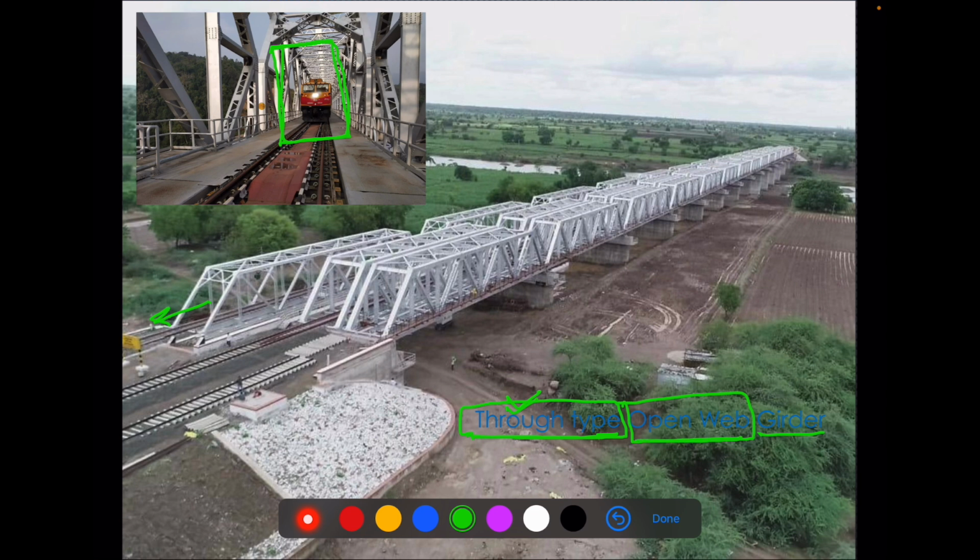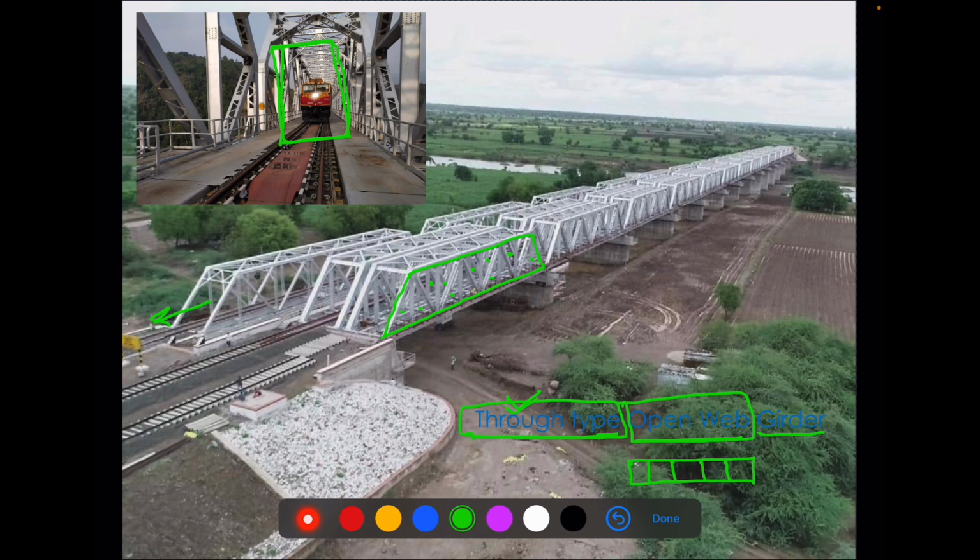Then open web. Open web means just the opposite of solid web. As we have solid web plate girders, in contrast to that, we have open web truss girders like this. As you can see, the web of this truss girder is open. That's why open web.